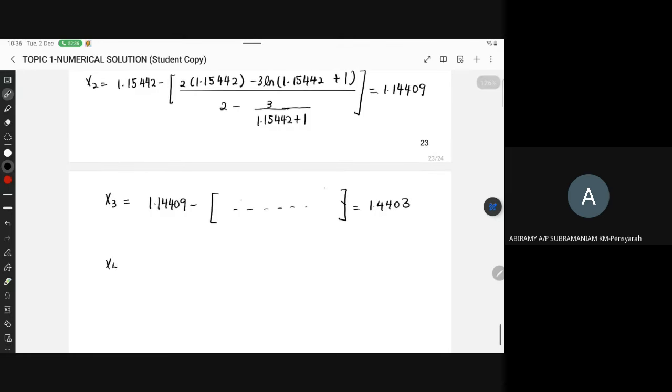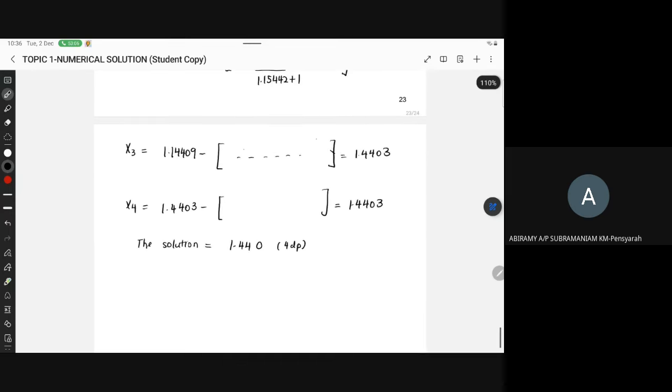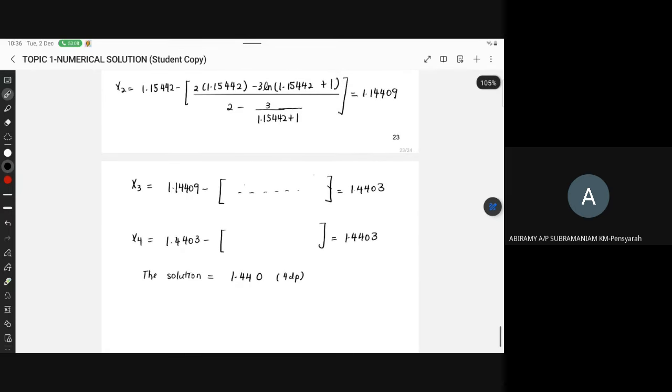We continue with x4 by using 1.4403 in the iteration, and we will be getting 1.4403 for x4. Finally, we are getting the same value. So we can conclude that the solution is 1.440. Please take note, the final answer is for 4 decimal places. So that's how we find the root by using iteration. We have to do the iteration until we get the desired value.